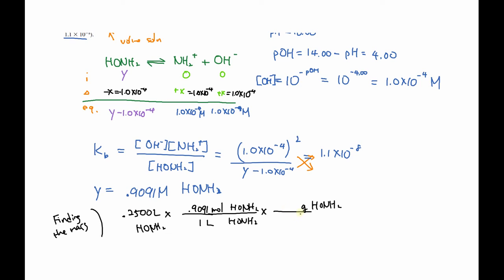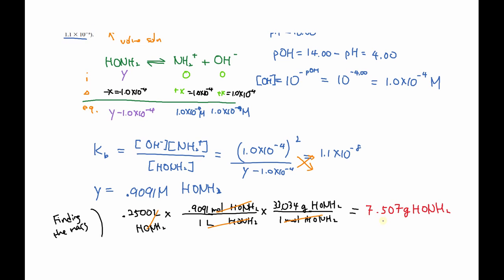If you look at the periodic table, you're going to get 33.034 grams, and then here you have 1 mole of the compound. Now let's cancel out anything that's not needed, and you will get 7.507 grams. In other words, you need this much to achieve this effect.